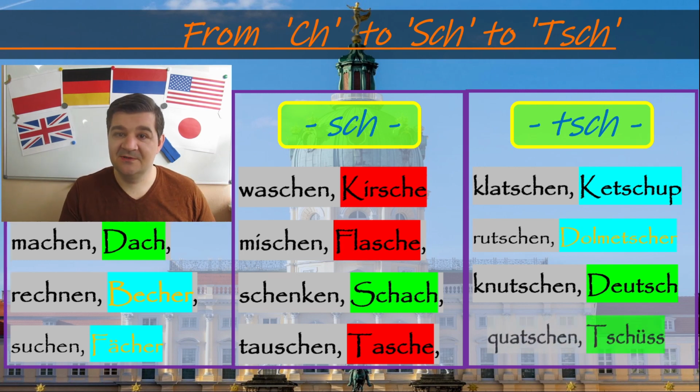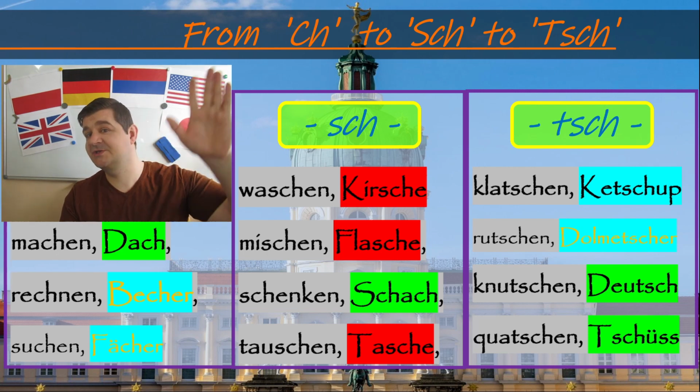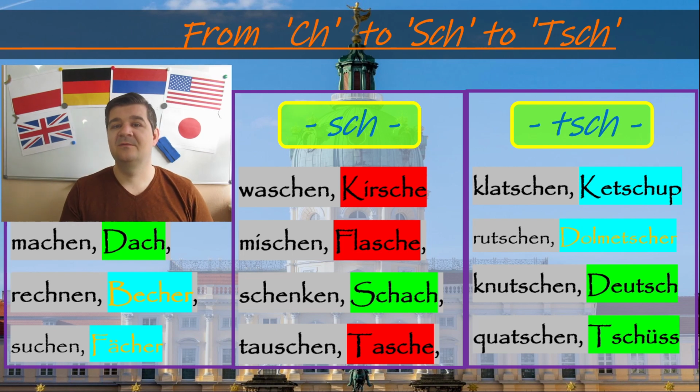And quatschen means to chatter about stuff. And yeah, tschüss. You normally say tschüss in order to say bye. But if you talk about this word itself, you would say das Tschüss, you would use the article. But normally you don't, because you simply say it in order to say bye.